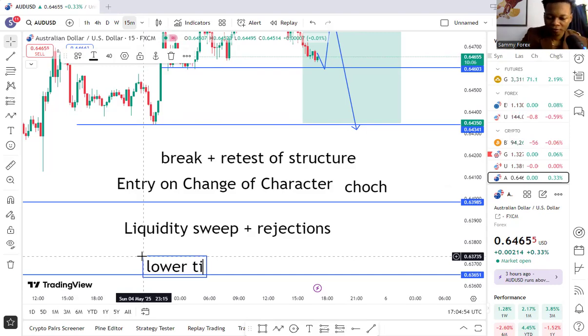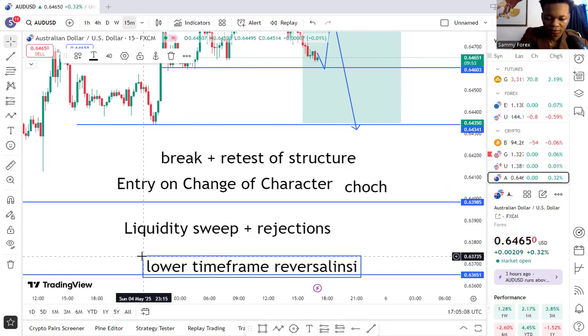Lower time frame reversal inside higher time frame zone.